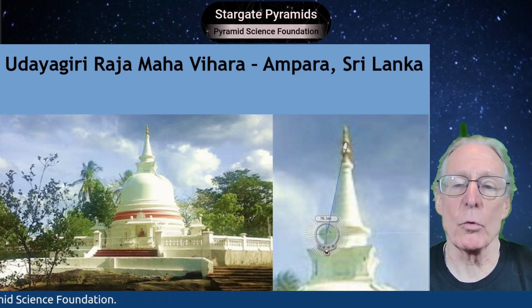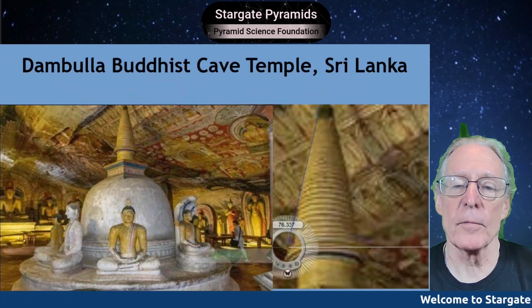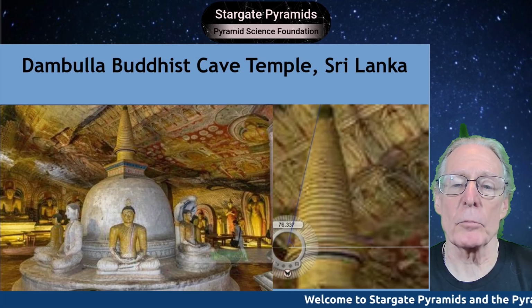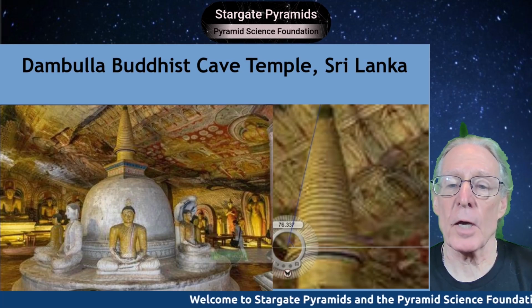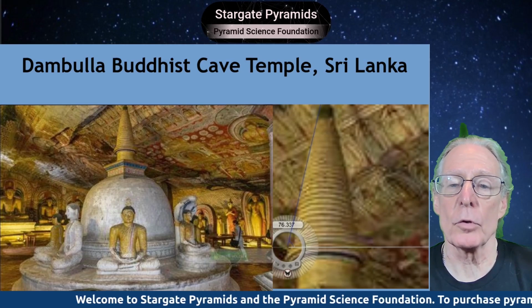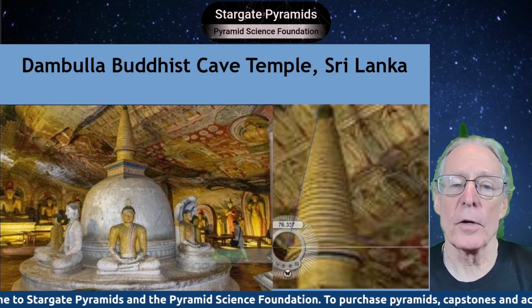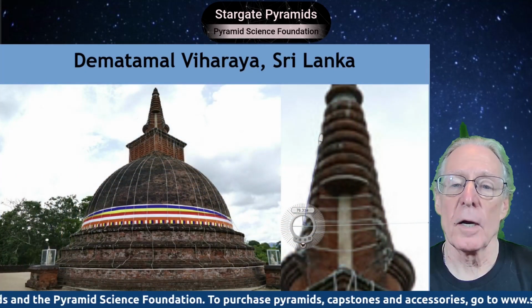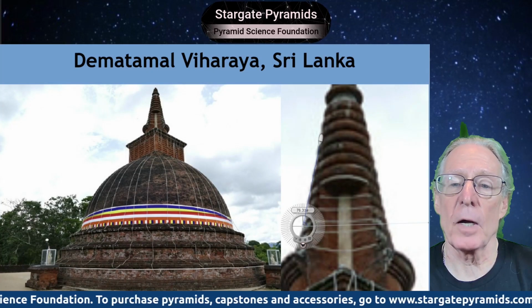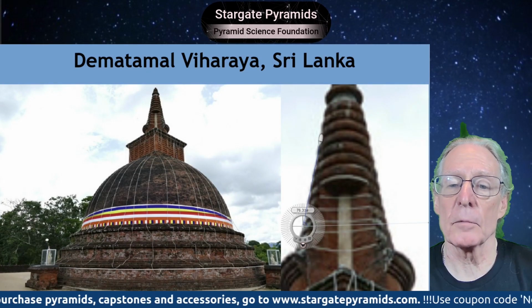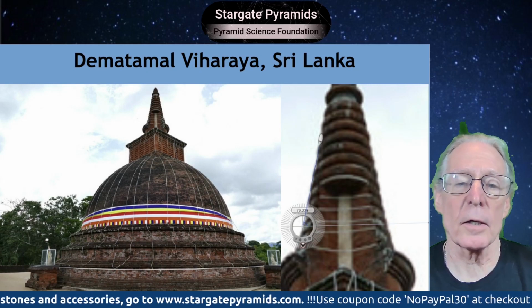The base seems to be more bell-shaped, but the same basic structural idea. Again, a more bell-shaped one inside of a cave in Sri Lanka, the Nambula Buddhist Cave Temple. Here's a Dimatamal Viharaya temple in Sri Lanka.